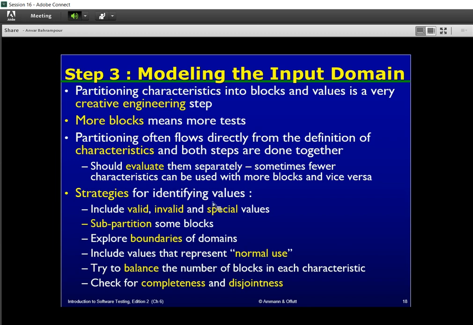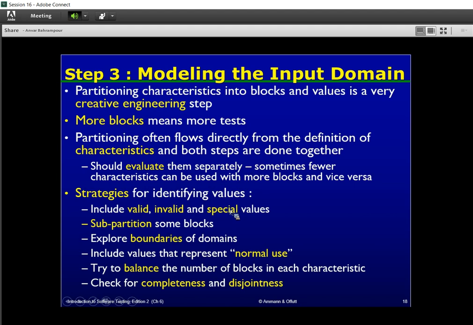There are some strategies for identifying values of each block of our partitions. They could include valid values and invalid ones. For example, in the triangle example, we could define invalid values for sides of the triangle.